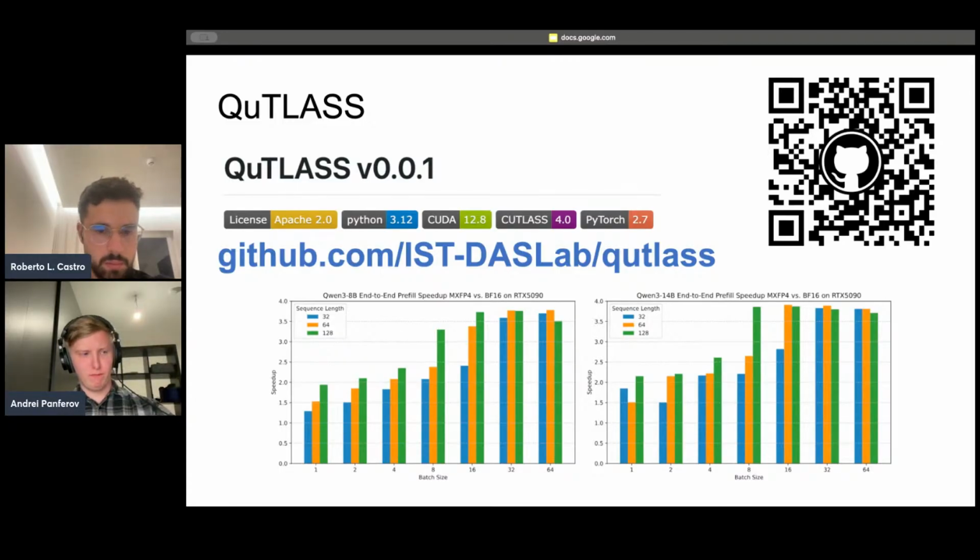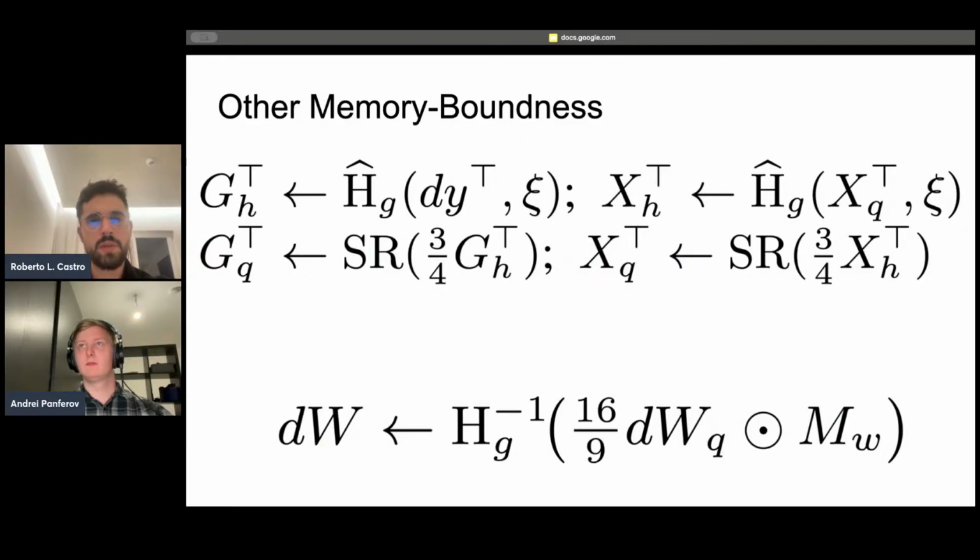We hope to add the backward pass kernels in the following weeks. Here I have some end-to-end speed up numbers for 2 different models. We can discuss them later if you want, but this is the repo where all the kernels are going to be dumped afterwards. And then on the backward pass, I'm not going to go into more details, because basically all these optimizations and tricks that I have been talking about in the previous slides can also be applied in the backward pass, because we have Hadamards everywhere as well, and these Hadamards are also memory bound.